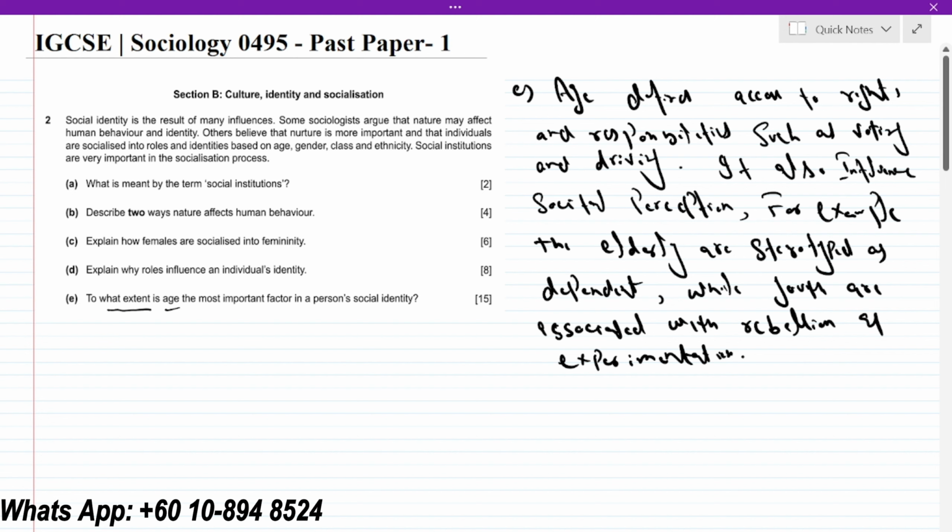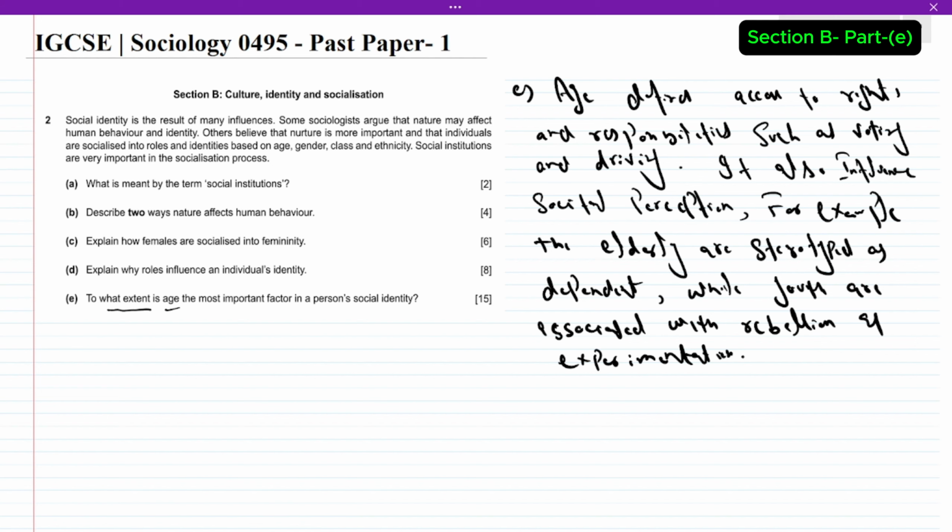Now if you see, we are talking about how age makes a person's social identity. When we think about elder people, we always think they will be dependent on their family, and when we talk about the youth, we think they will be in the experimentation process, rebellious, and all such things. We are explaining the phenomena based on age.